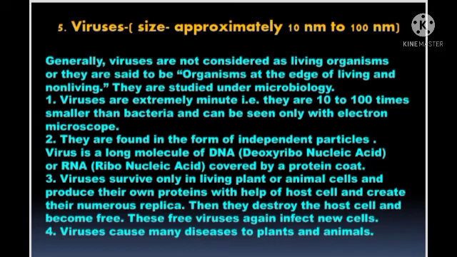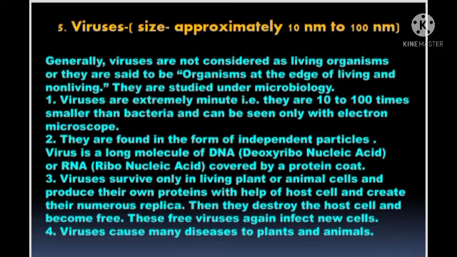If a virus is surviving in a plant cell, then the plant cell becomes its host. With the help of that host cell, it produces its own protein and creates numerous replicas. It can reproduce the same kind of organism as itself.